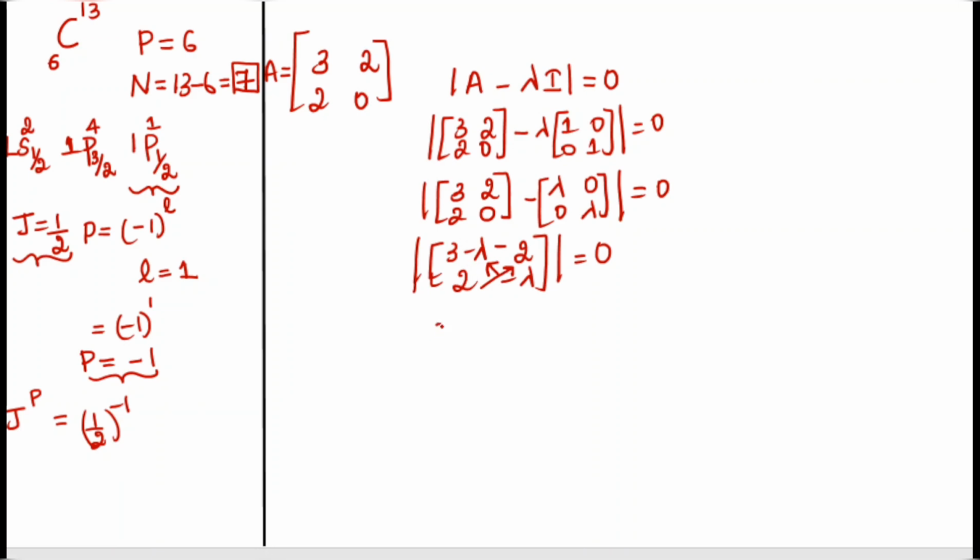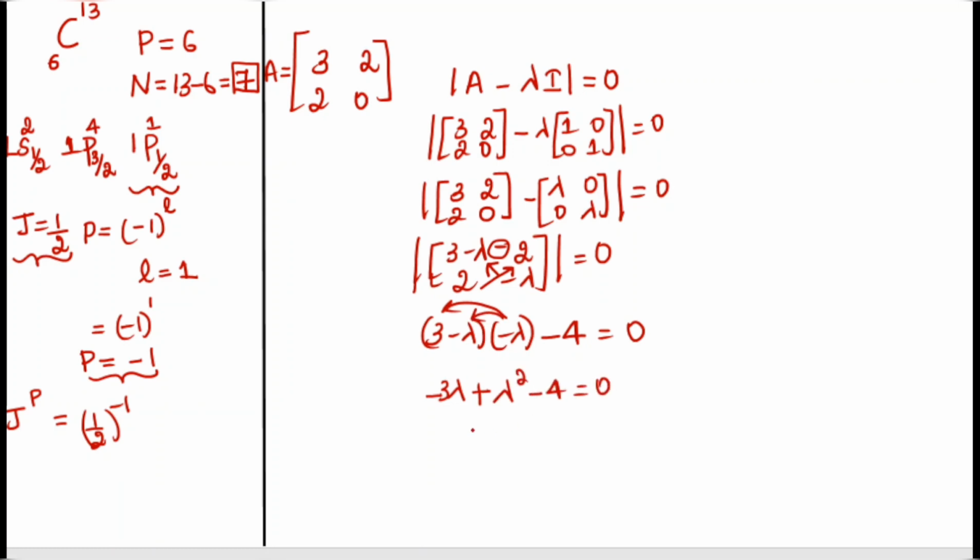So it is 3 minus lambda into minus lambda, minus of 2 2s, which are 4, equal to 0. Just multiply, taking minus lambda inside this. So it will be minus 3 lambda, minus of minus gives plus lambda square, minus 4, which is equal to 0.